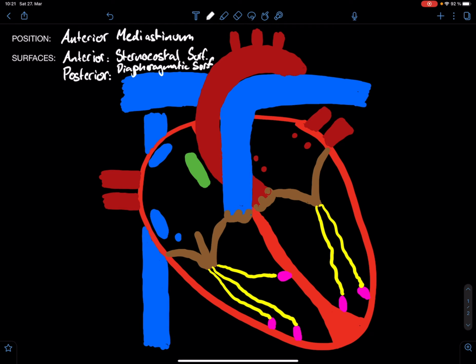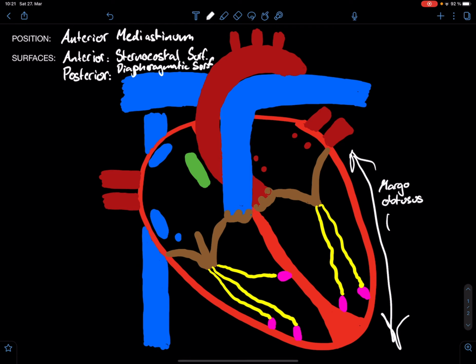Also, we need to mention that the heart has two margins. One margin over here stretches along the border of the heart on the lateral side to the left. This is called the margo obtusus, although in English terminology, it's usually called the obtuse margin.